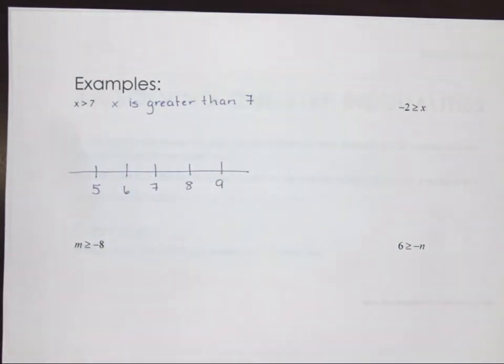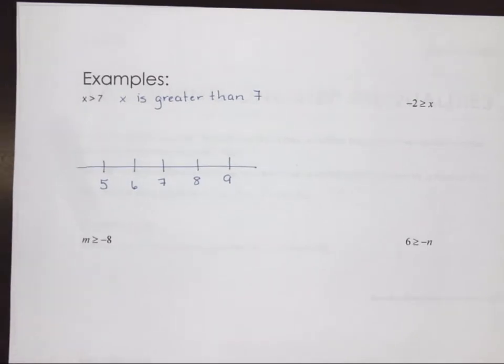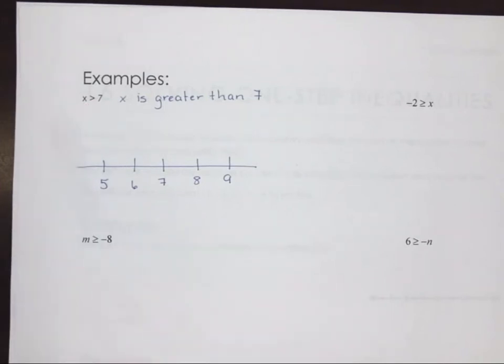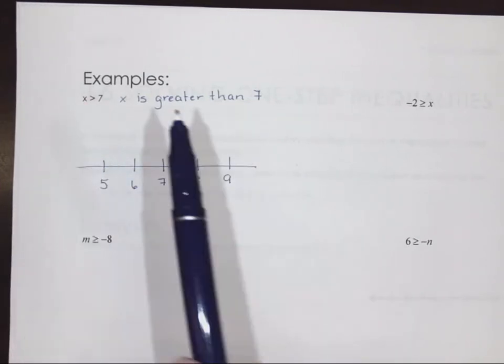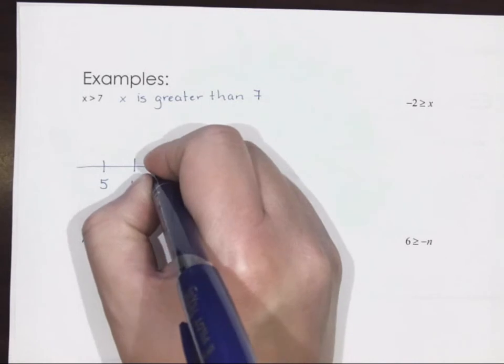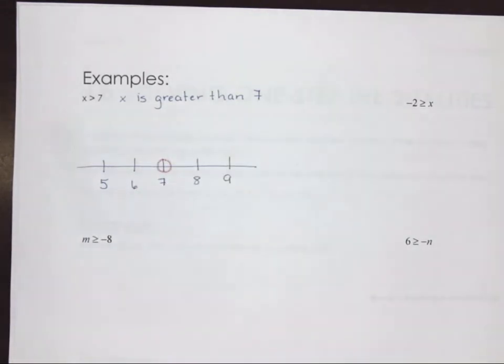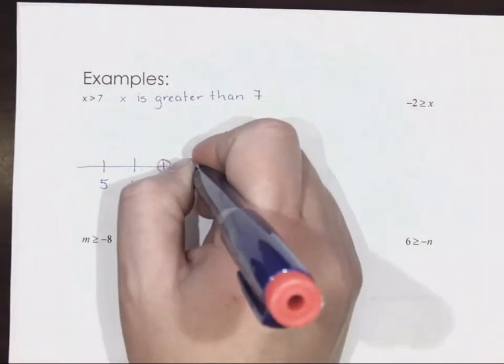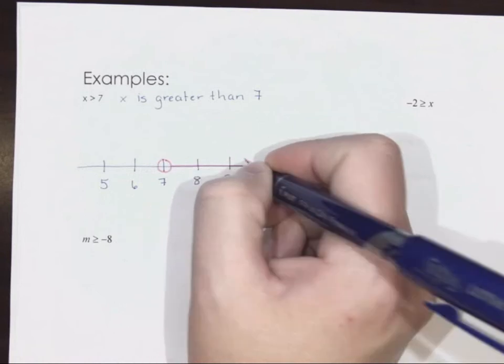All right, so now I decide whether my circle is open or closed, and it doesn't have an equal sign, so that means my circle is open. So open at 7, and then x is greater than. So all the values of x have to be greater than 7. So my greater than values are in this direction.